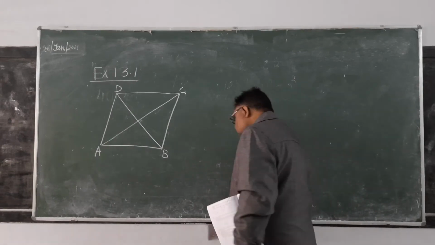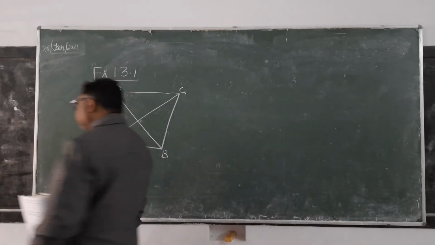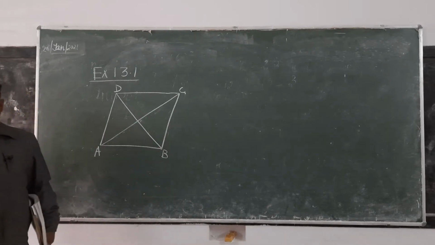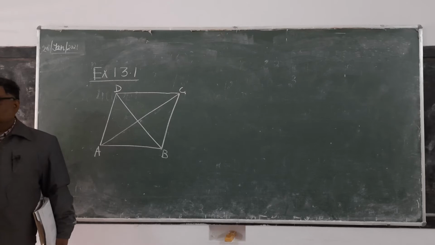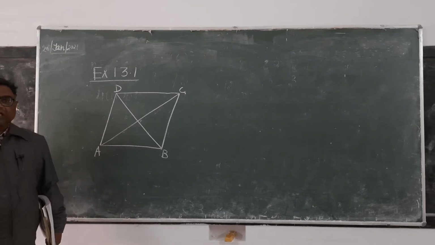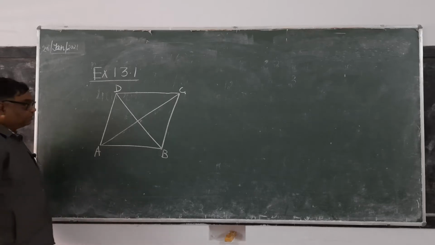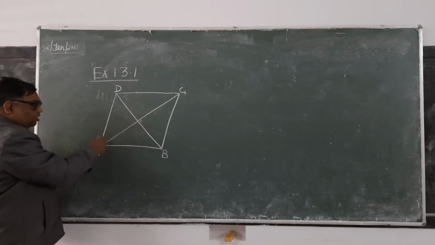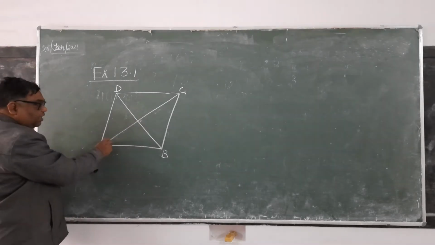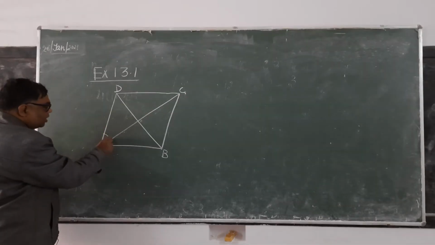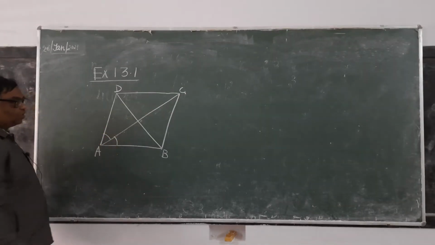Now let us see the third part of question number 4. But before that, you can see one property of rhombus. In rhombus, diagonals are the angle bisectors. It means diagonal AC will bisect angle A as well as angle C. मतलब ये किसके इक्वल होगा? इसके इक्वल.